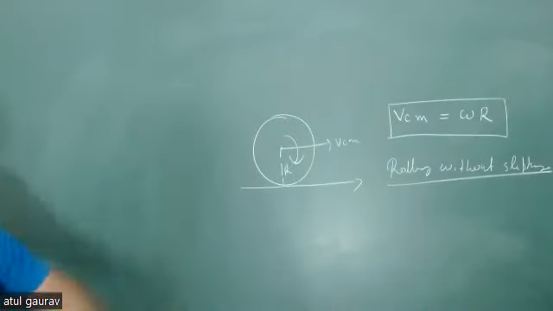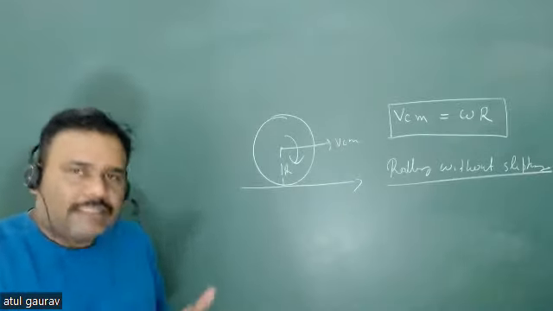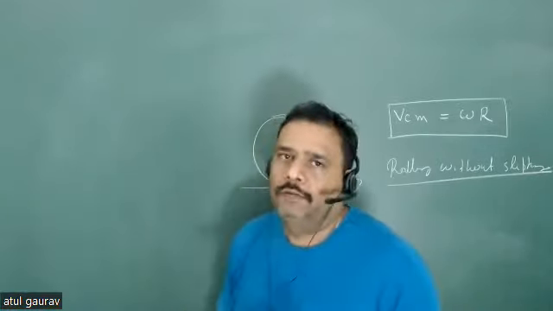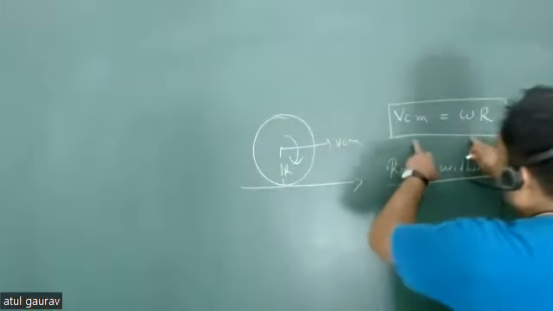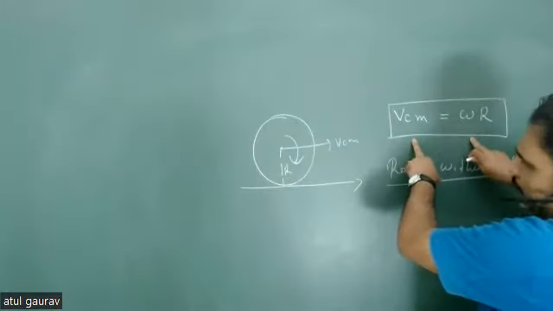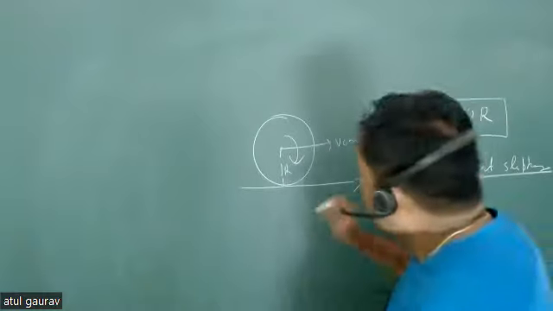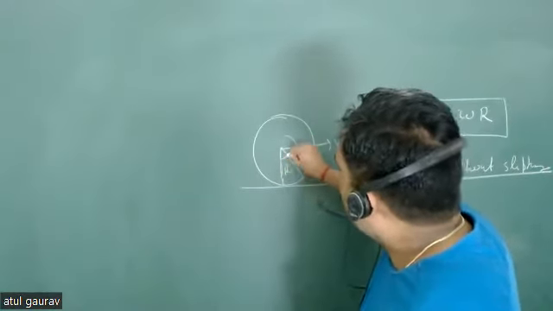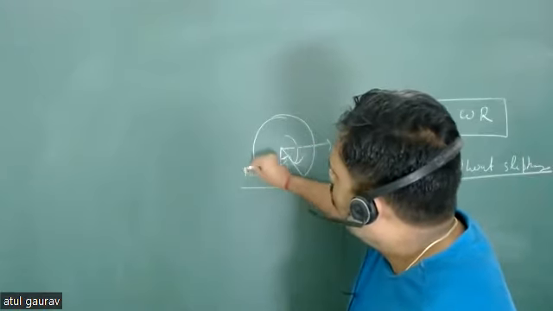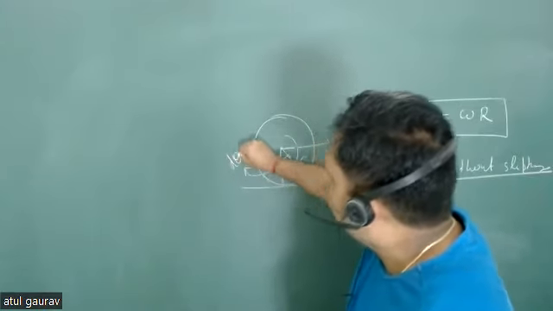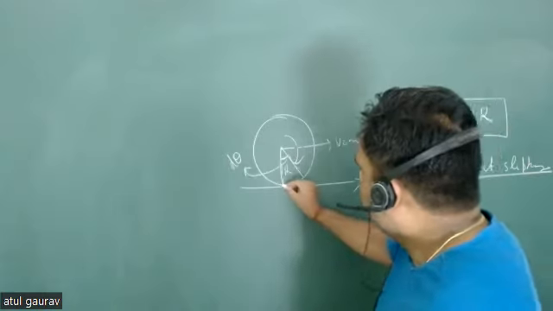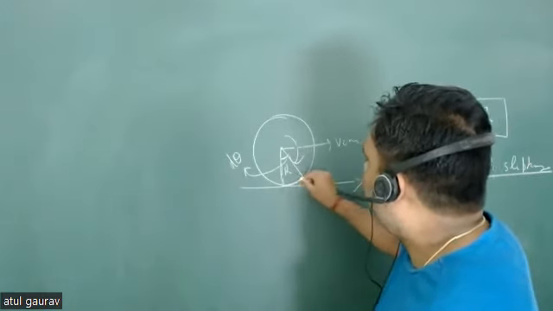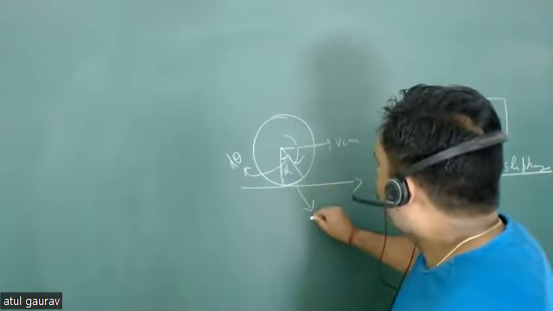Now, if you are talking about rolling without slipping, what is the meaning of that? What is the basic mathematics behind it? From here we are getting this particular information. Now look at what is going to happen if the particle moves through some angle d theta. What will this arc be?